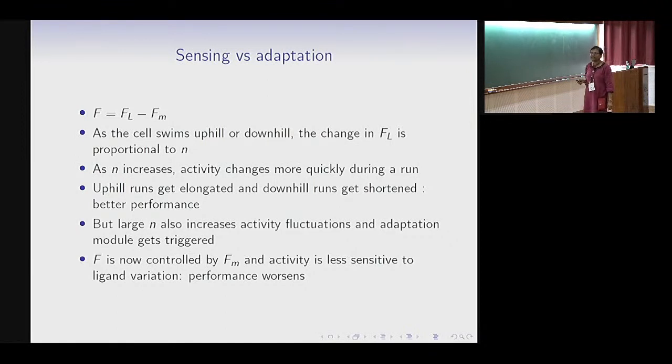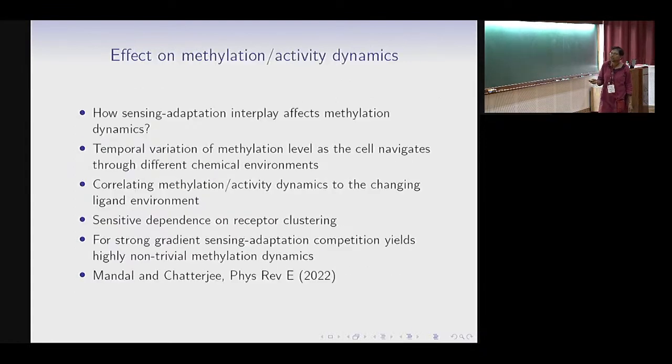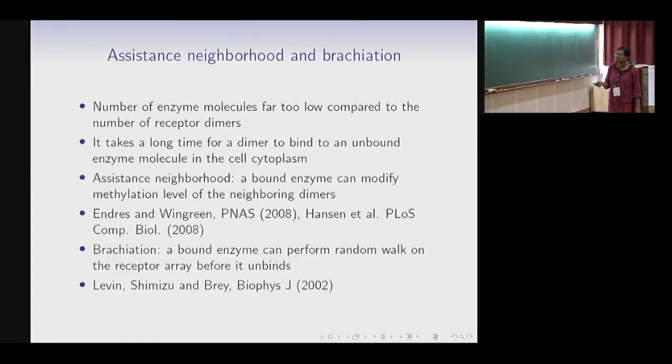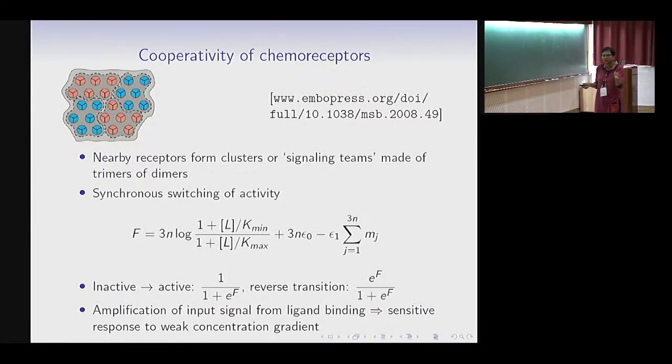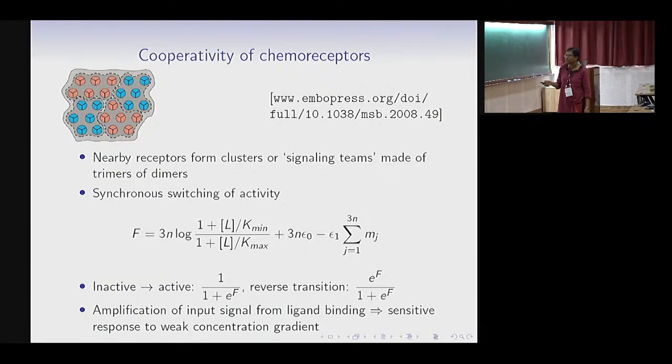Now, as the cell swims uphill or downhill, by which I mean as it is moving towards higher concentration level or lower concentration level, the change in Fl is proportional to N. If you remember the expression that I had used, let me just quickly go back to that, here. You see there was an N here because I was summing over the free energy of all the dimers.